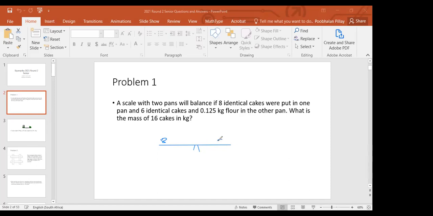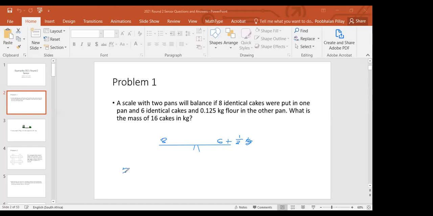And here you got 6 cakes plus 1/8 of a kg. 0.125 is 1/8 of a kg. So these two things balance, which means that the 1/8 of a kg, if you take the 6 out, accounts for 2 of those cakes.